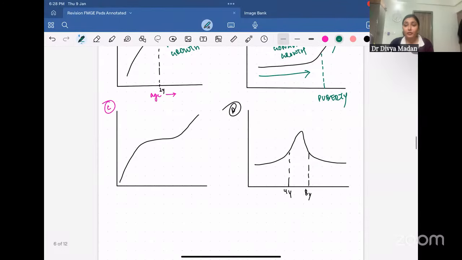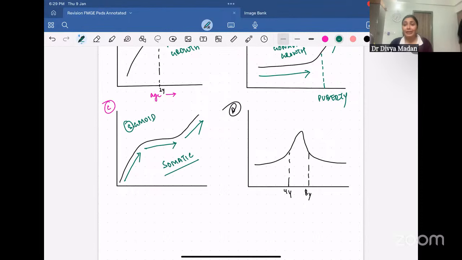Now comes curve C. That is an S-shaped curve. Initially rapid growth, little to no growth, then again rapid growth. This is seen with respect to somatic growth. This is a sigmoid-shaped curve: S for sigmoid, S for somatic.